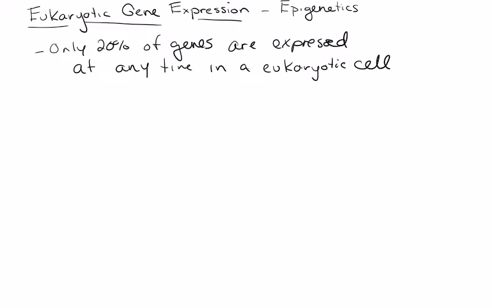And so your skin cells, the cells that make up your liver, the cells that are making up your neurons, your nervous system cells, your cardiac muscle tissue, all of those cells have the exact same DNA in it. So why aren't they exactly the same cells? And that's because of expression of genes. And as you can see, only 20% of the genes of a DNA strand are actually expressed at any time in a particular type of eukaryotic cell.